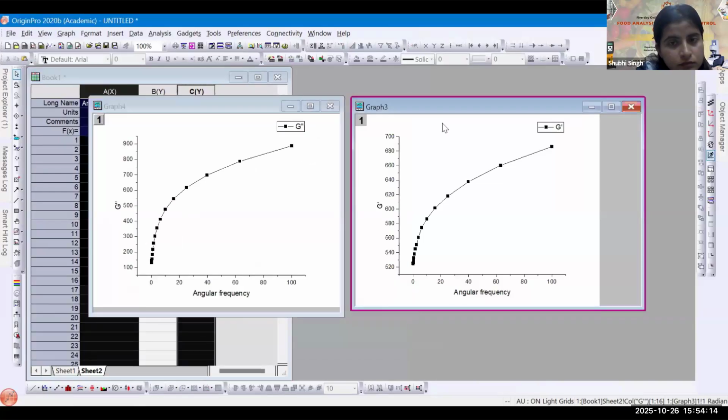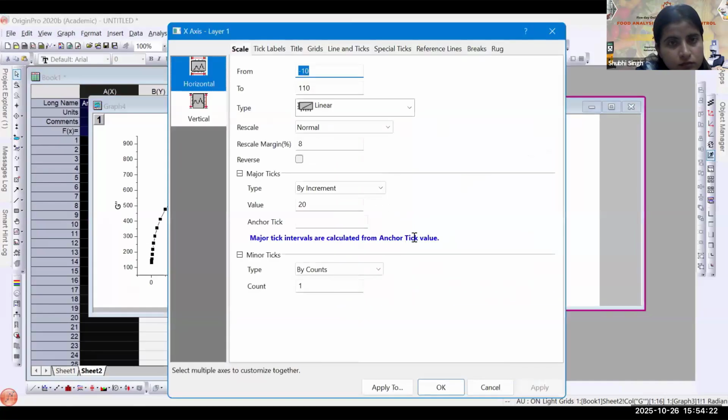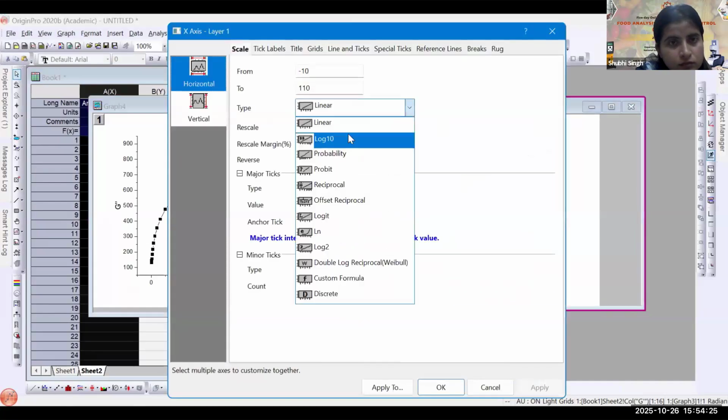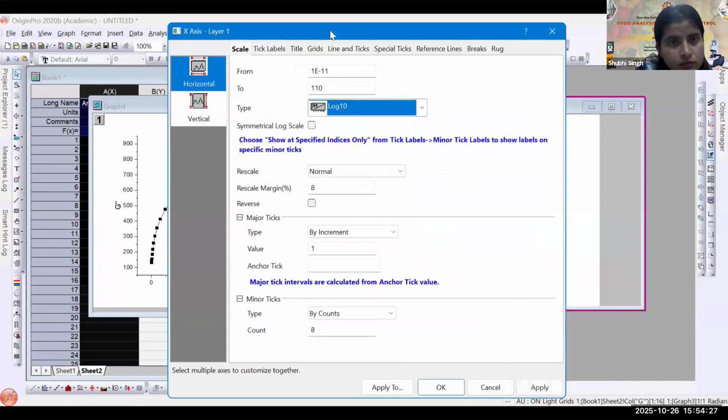Generally, to understand it in a simple way, we change the scale of the x-axis and y-axis to a logarithmic graph. So we'll make it here.